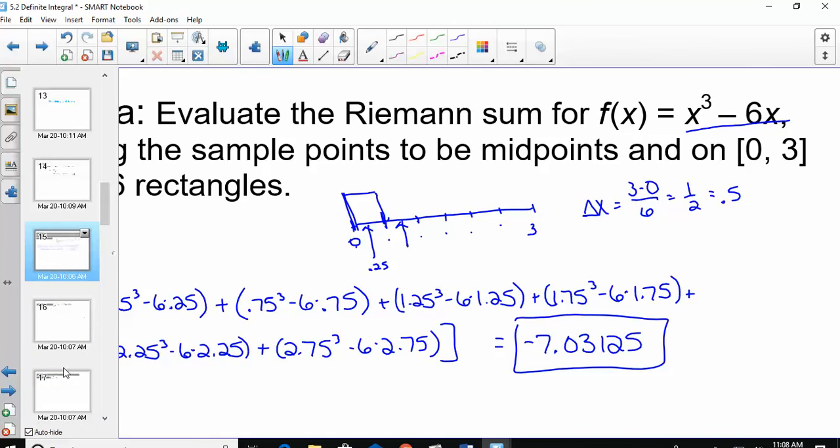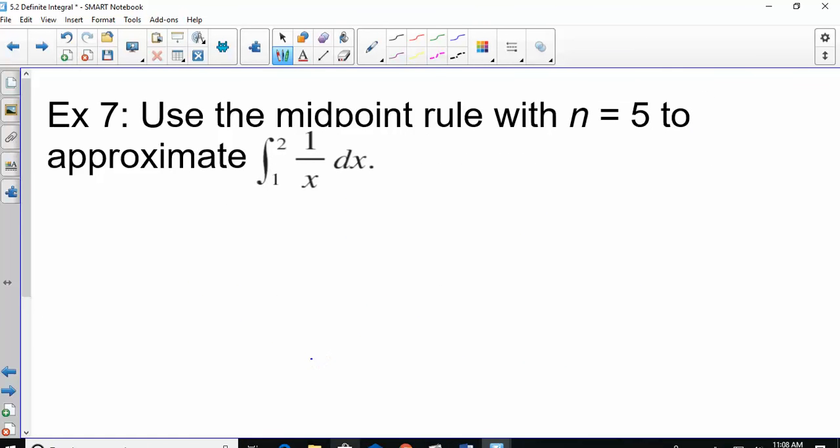Let's do one more of these. So I wrote it in the integral notation. My change in x, this one, it would be 2 minus 1, but I'm splitting it into 5 rectangles, so we get 1/5 or 0.2.